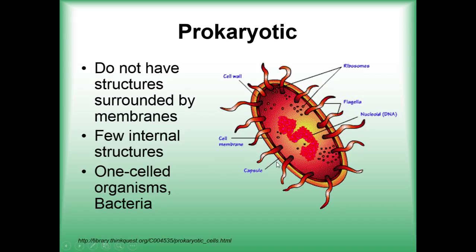And some of them have a capsule, which is kind of like a sealed off gelatin layer that protects them from extreme environments, either cold or hot. Once the temperature is back to normal, the capsule can actually disappear, so it's a protective thing. Some bacteria have those, but all of them have the nucleoid, cytoplasm, ribosomes, cell membrane, and remember, cell wall.